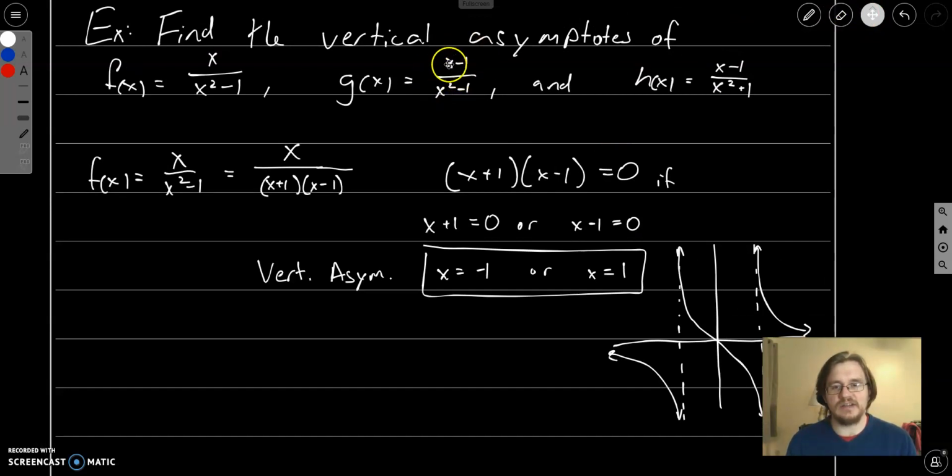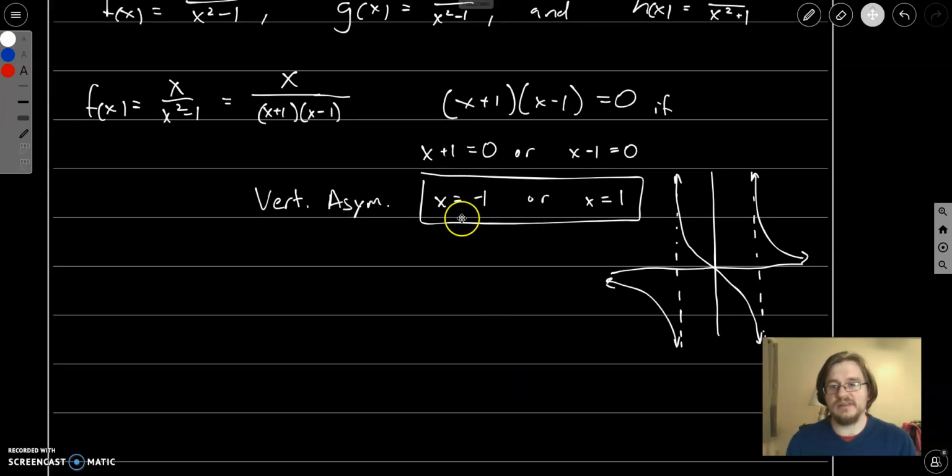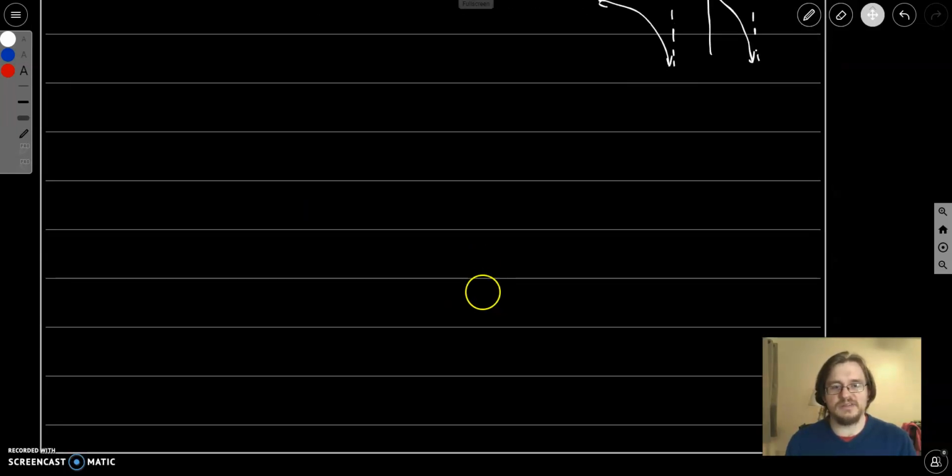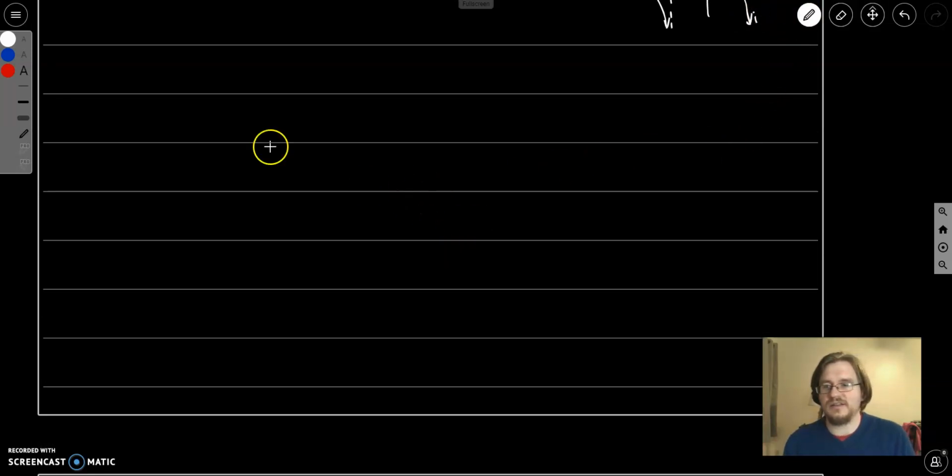Let's look at the next function. x minus 1 divided by x squared minus 1. The x squared minus 1 is the same on both of these. So let's look at this. For g of x, we have x minus 1 over x squared minus 1. And we know that the bottom of this will factor.